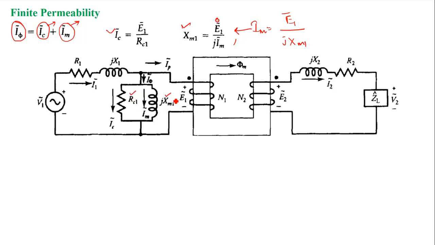XM1 represents the component which is producing the mutual flux, and RC1 is the resistance which represents the core loss. These are all fictitious, and we are using this in order to model the equivalent circuit of the transformer.